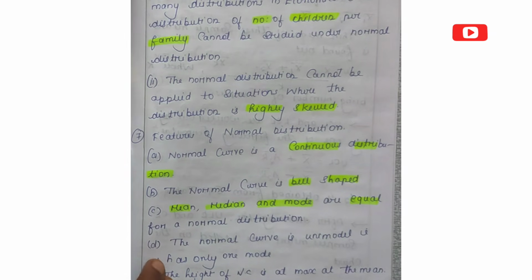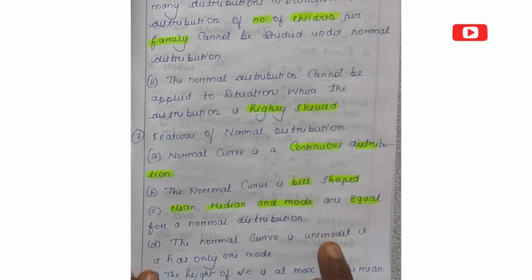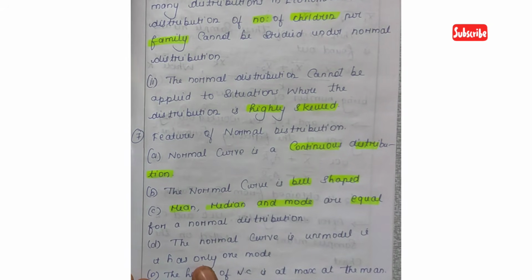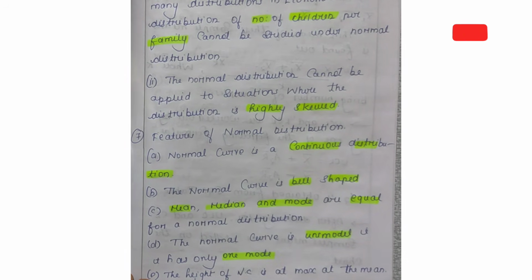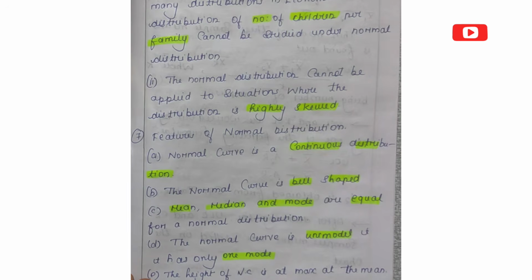The normal curve is unimodal, that is it has only one mode. The height of the normal curve is maximum at the mean.